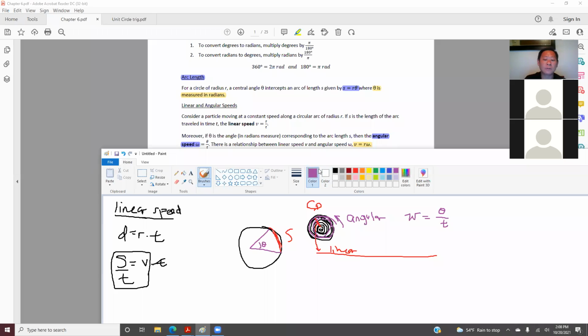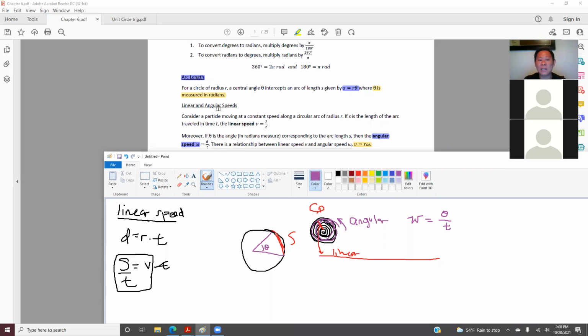So the CD player is one of the places where we use linear and angular speed a lot. Your car wheels too. When you drive your car, you've got two types of speed. One is miles per hour, like 40, 50, 60. That is called the linear speed.